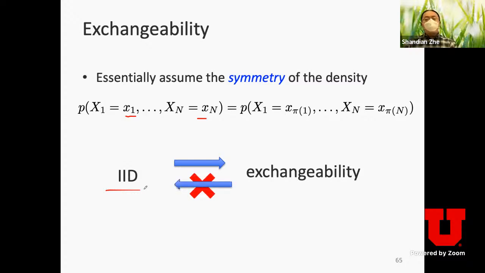Being exchangeable doesn't mean it's IID. IID must give you exchangeability, because the probability density of IID variables is simply the product of their individual probabilities, so you can do arbitrary permutation and it doesn't change. However, when it is exchangeable, it doesn't mean you can decompose the joint density as the product of their marginal densities.